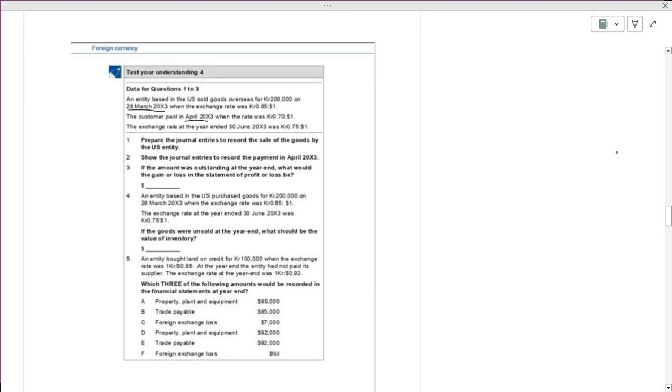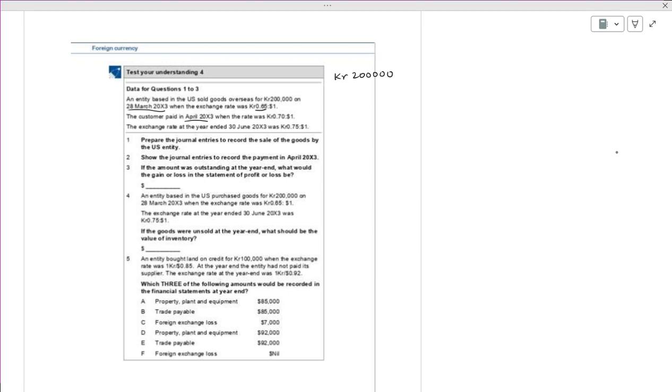What are they asking? Prepare general entries to record the sale of goods by the US entity. How much have they sold? Sold goods of KR 200,000. What is the exchange rate? 0.65.